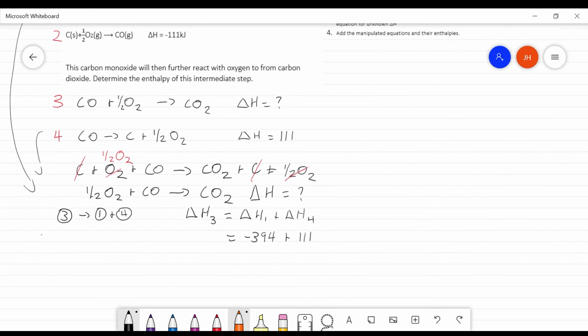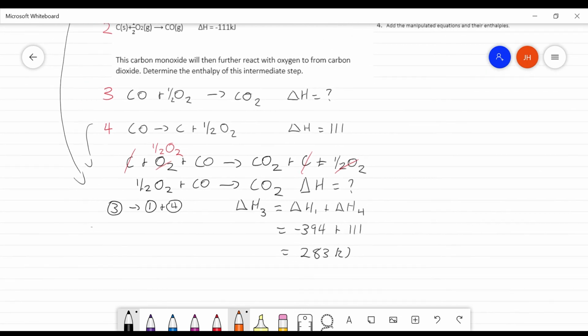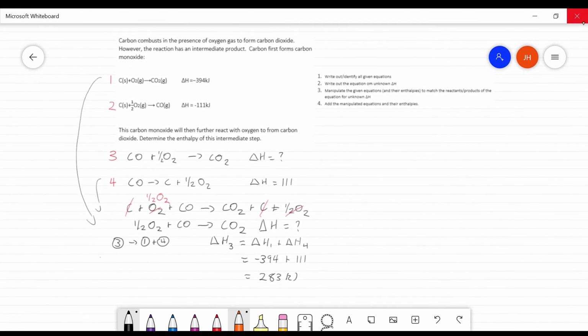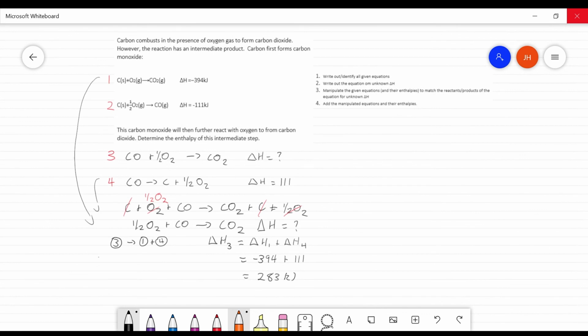Now, this results in negative 283 kilojoules of energy. And that is the solution to our question using the Hess concept.